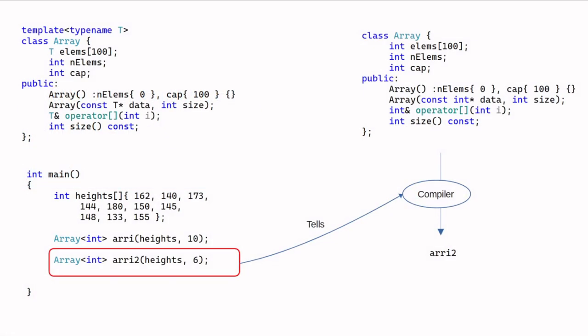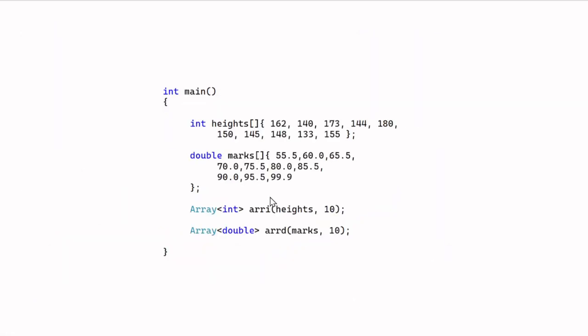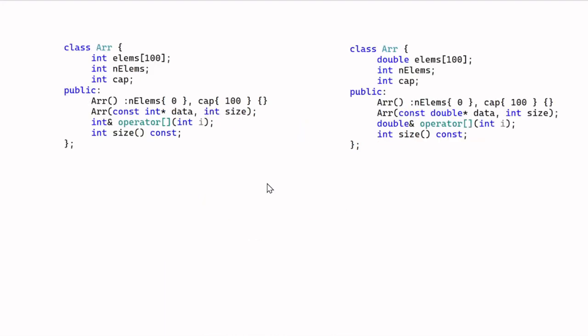Now, coming back to this discussion, when the compiler scans this code and comes across this instantiation instruction, it creates one version of the class, and when it comes across another instantiation with a different type, it creates another version of the class. So it has two versions of the class created, one for integer type, another for double type.